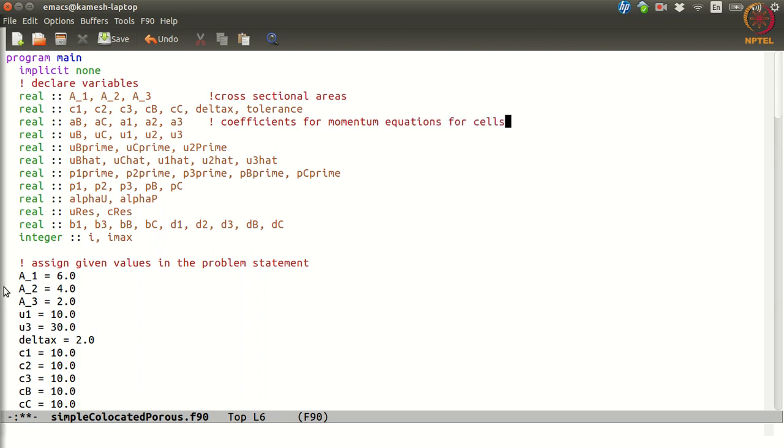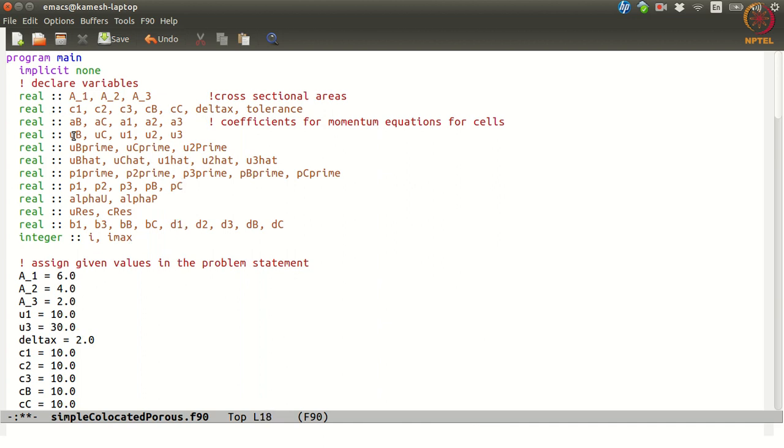Then we have UB, UC, U1, U2, U3. UB and UC are the velocities for the cells, U1, U2, U3 are the velocities on the faces. Then we have UB prime, UC prime, U2 prime, and UB hat, UC hat, and U1 hat, U2 hat, U3 hat.